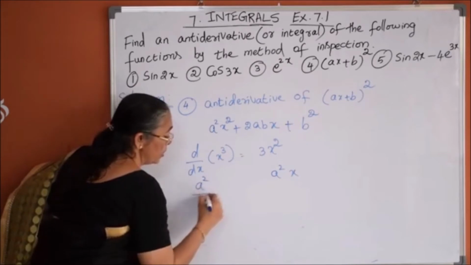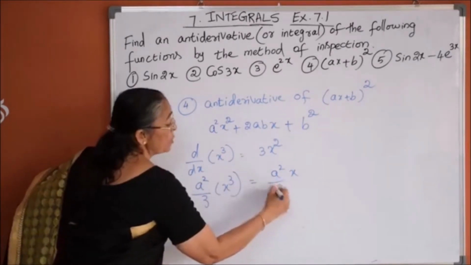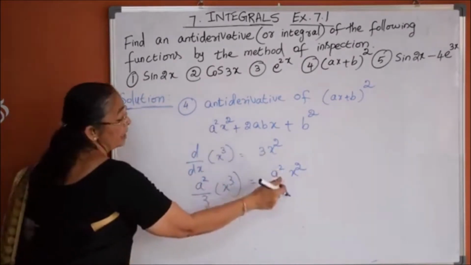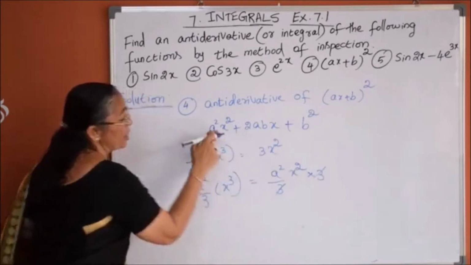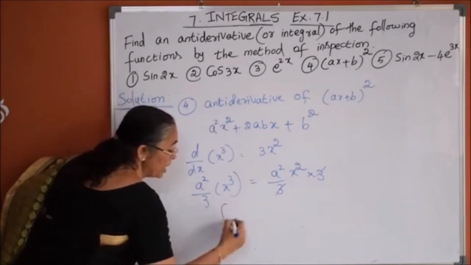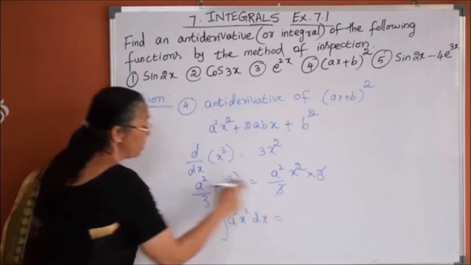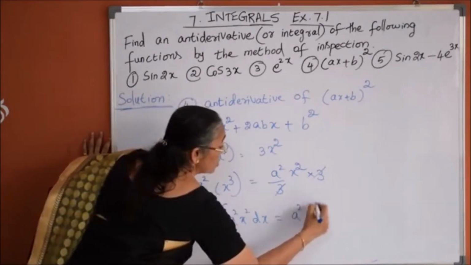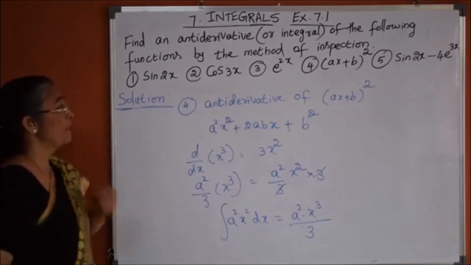So, a square by 3 of d by dx of x cube is equal to a square by 3 of 3x square. This 3 will get cancelled, which gives a square x square. Now, we got the a square x square term. Therefore, integration of a square x square dx is nothing but a square of x cube divided by 3. So, this is the integration of the first term.